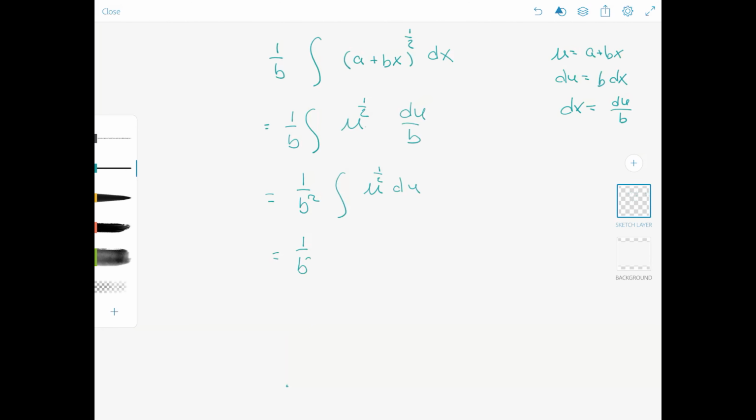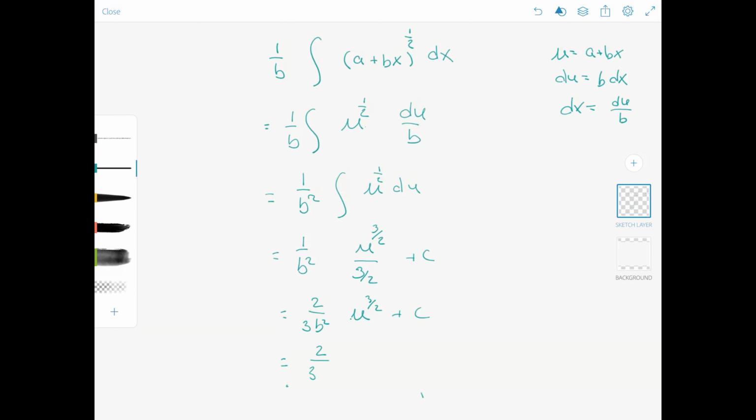Now we employ our formula. We got 1 over b squared, u to the 3/2 over 3/2 plus c, and the final is 2 over 3b squared u to the 3/2 plus c.